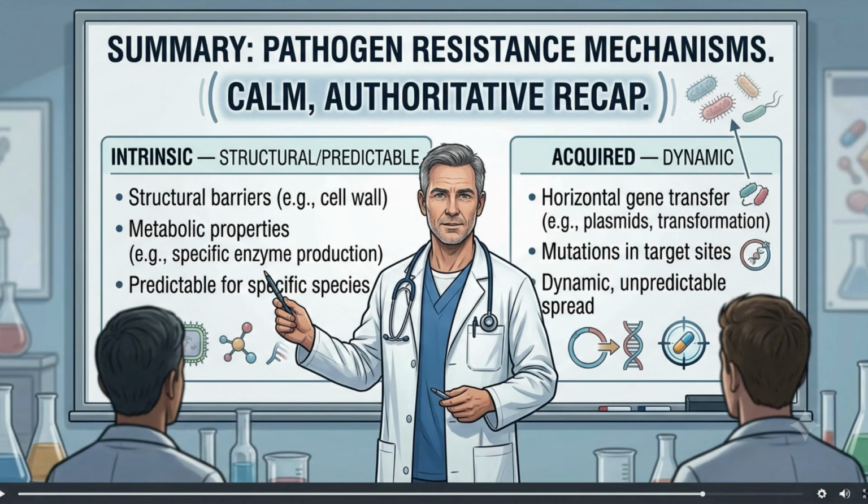So here's the framework I want committed to memory. Intrinsic resistance is structural and predictable. Acquired resistance is dynamic and driven by mutation or horizontal gene transfer. Clinically, we start empirical, broad-spectrum therapy when the pathogen is unknown or the patient is critically ill.